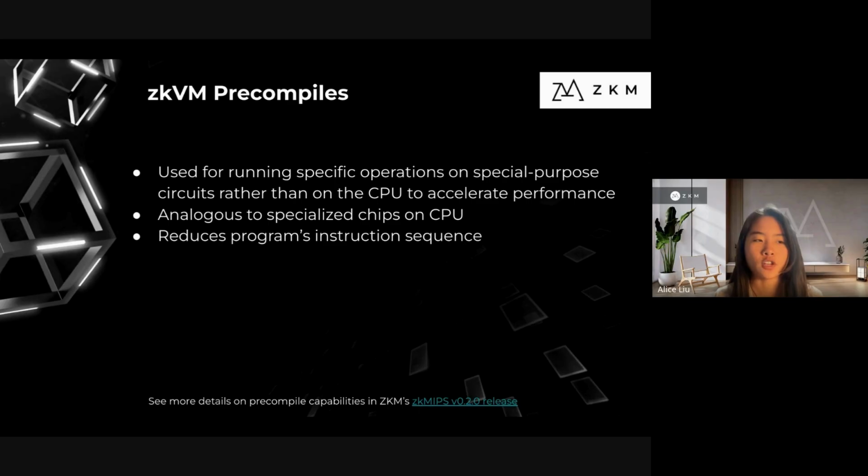Its main advantage is that it can accelerate those kinds of cryptographic operations. Some cryptographic operations are not particularly ZK friendly. So if we implement that as an actual circuit, you can gain proving efficiency in terms of the amount of time it takes to generate your proof, and it reduces the overall instruction sequence for your program.